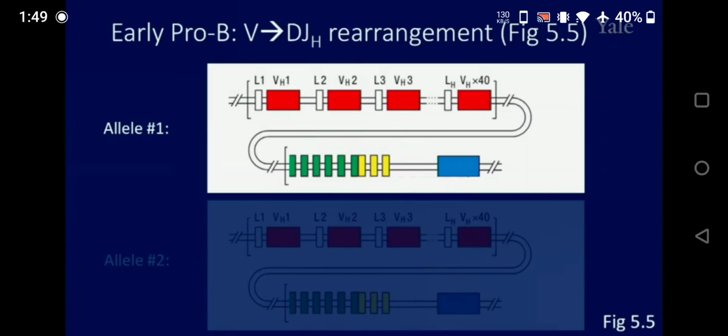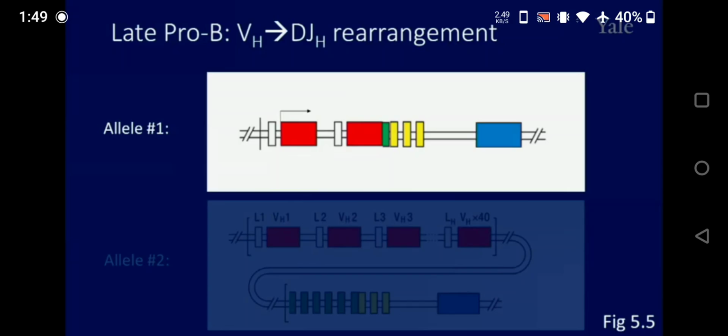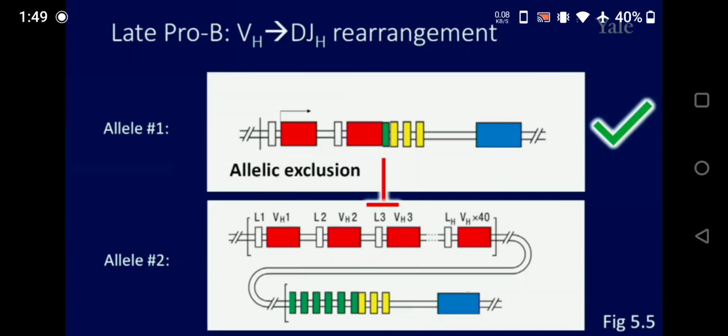And if this recombination event is successful, then we will have this process called allelic exclusion, which is the process by which the B cell will suppress epigenetically the recombination at the second allele. And this is a way to enforce one B cell receptor per B cell to be expressed.